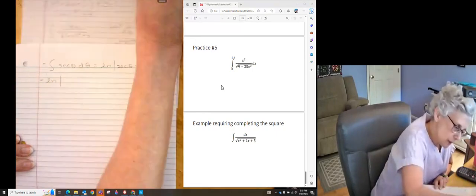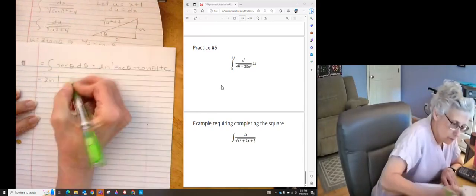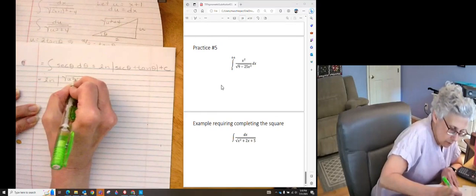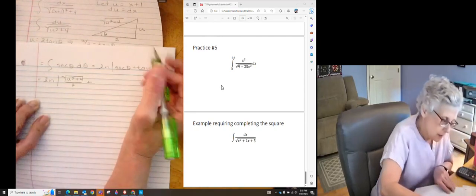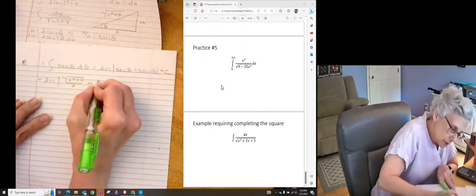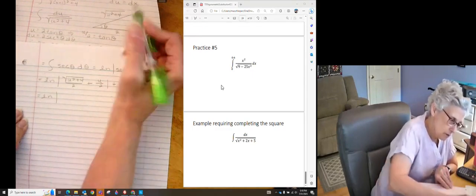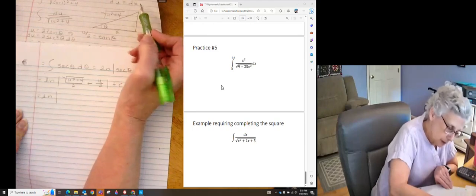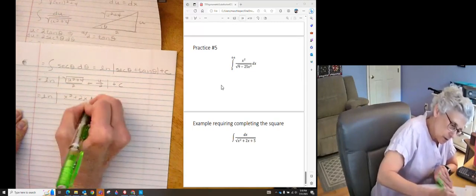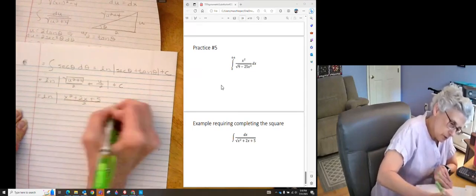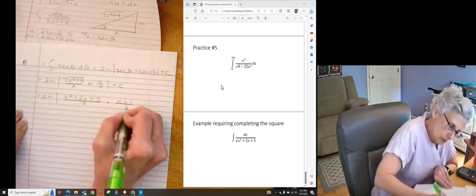So natural log absolute value, secant of theta is going to be hypotenuse over adjacent, square root of u squared plus 4 over 2, plus tangent of theta, and tangent of theta is u over 2, which is the natural log of the absolute value of u squared plus 4, our original thing that we had, x squared plus 2x plus 5, over 2 plus x plus 1, my u, over 2.